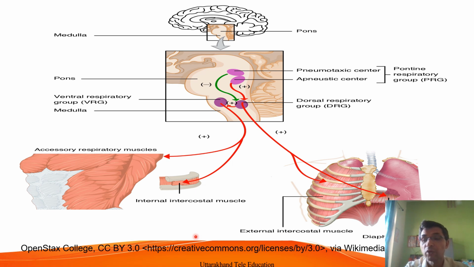Then it is very important for you to know what the Bohr effect is. It's a 1 mark question. Another is the chloride shift. How carbon dioxide is transported through the chloride shift. Then you will learn how the whole respiratory process is regulated.